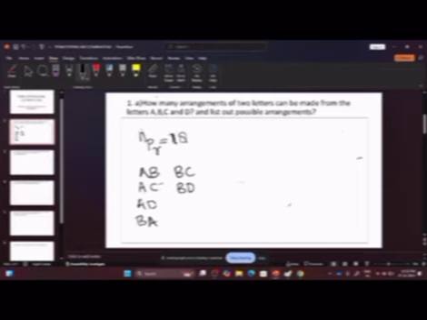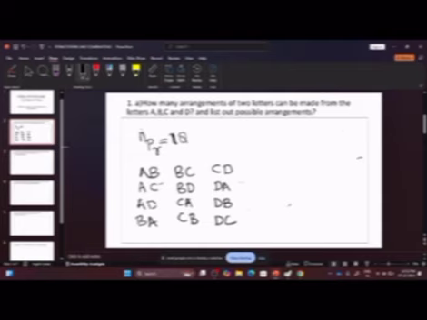We need 12 arrangements. CA, then CB, CD, DA, DB, DC. Very good. So we have listed out those 12 arrangements.